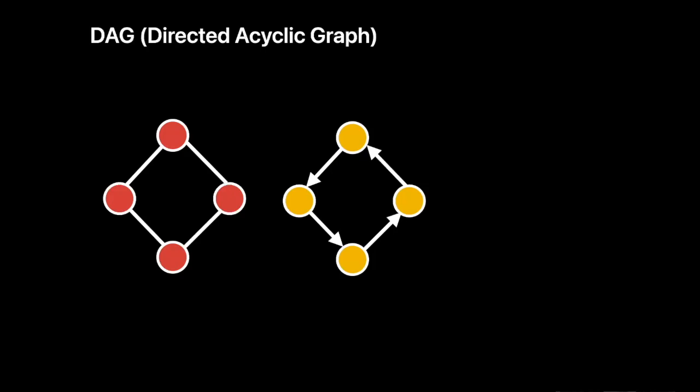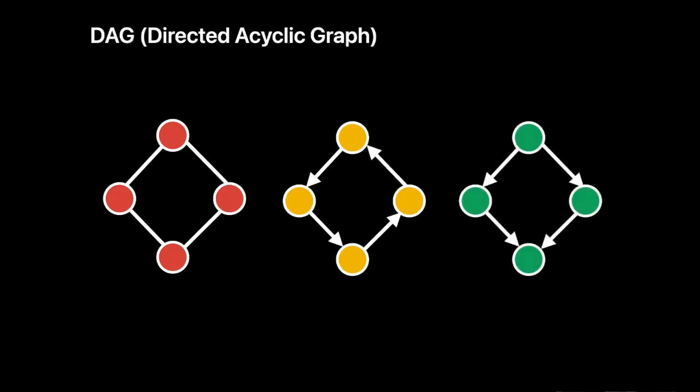Here, cyclic means there is an edge that starts from one node, goes through other nodes, and returns to the starting node. In the top node, you can see a path that loops back to the starting node in a counterclockwise direction. This graph is a directed acyclic graph, DAG, meaning it has direction and does not contain cycles.